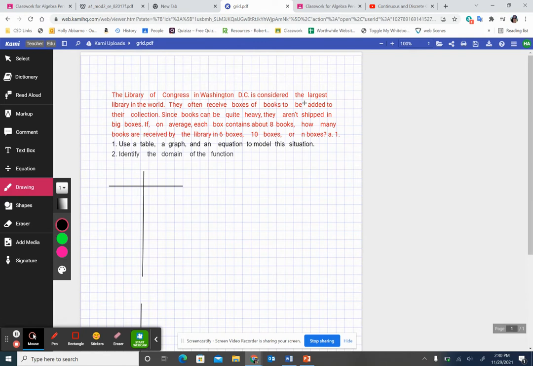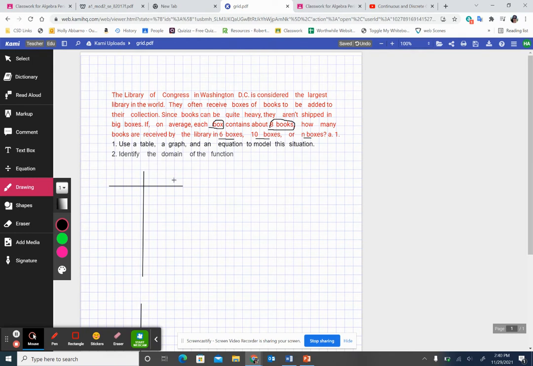They often receive boxes of books to be added to their collection. Since books can be heavy, they aren't shipped in big boxes. On average, each contains about 8 books. All right, 8 books per box. The question is, how many books are received by the library in 6 boxes, 10 boxes, or in n number of boxes?